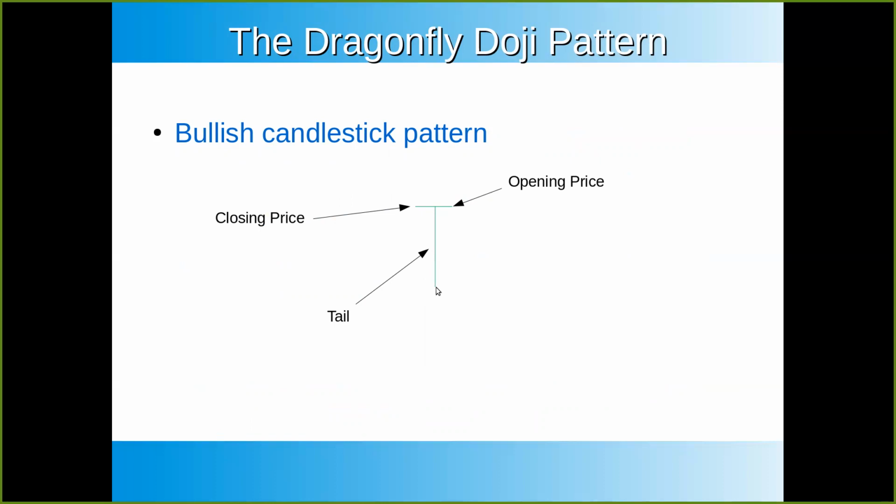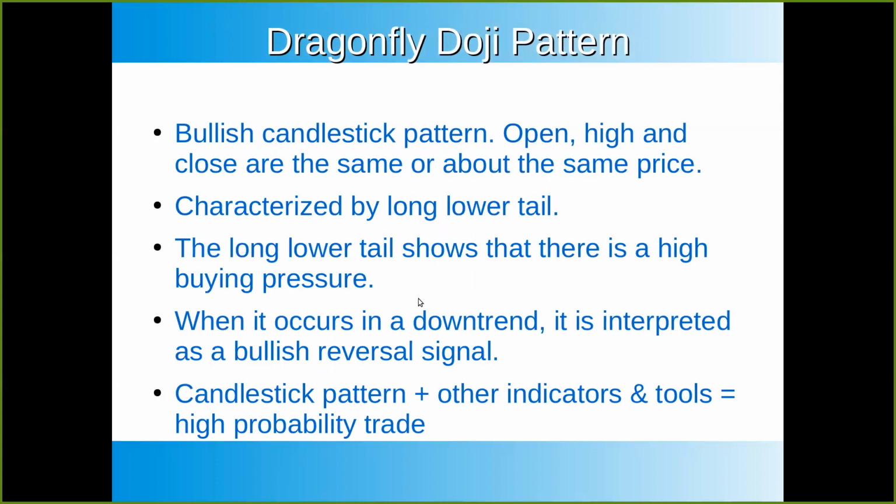Then the buyers started pushing it up. The bulls pushed it up until they returned it to where the market started. So the open, the close, and the high are at this particular point. So this is a very strong bullish candlestick pattern. If you find it on your charts, you know that it's a bullish candlestick pattern.